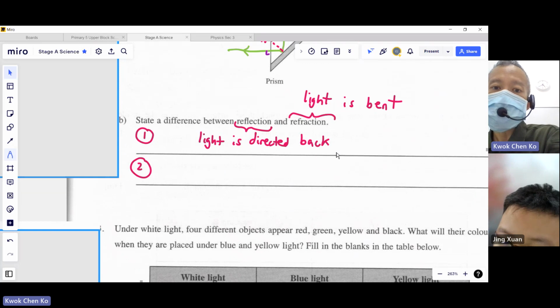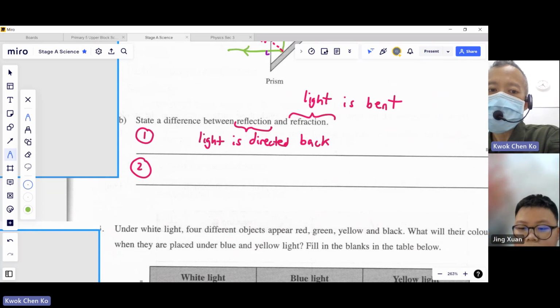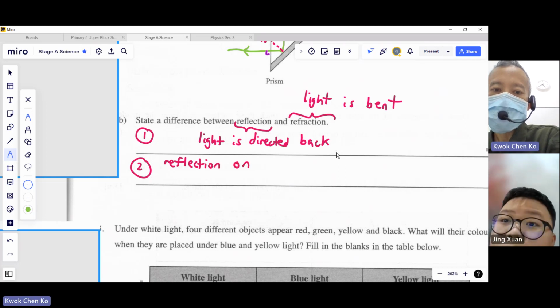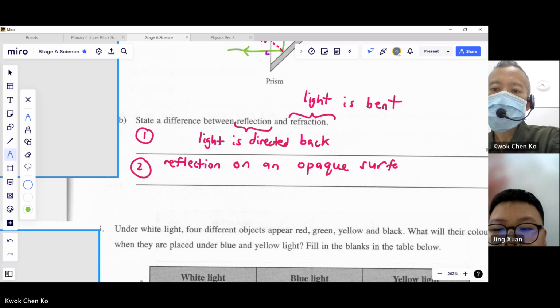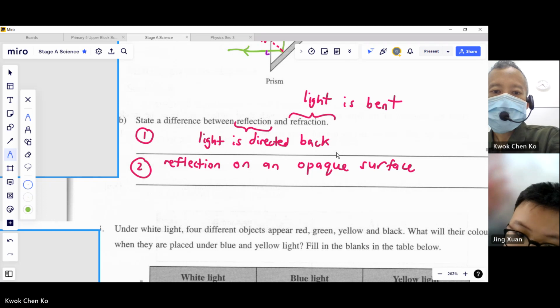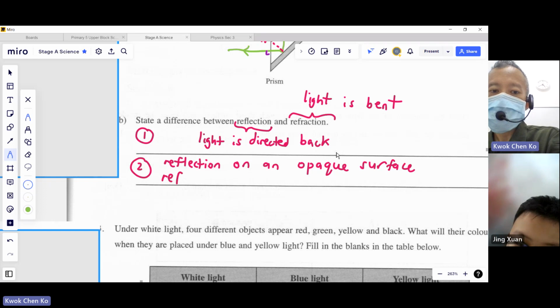Now, one key difference: for reflection, the light is on an opaque surface, or at least translucent. Whereas refraction is through.